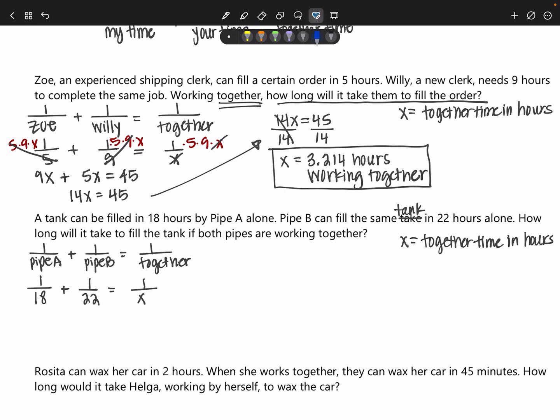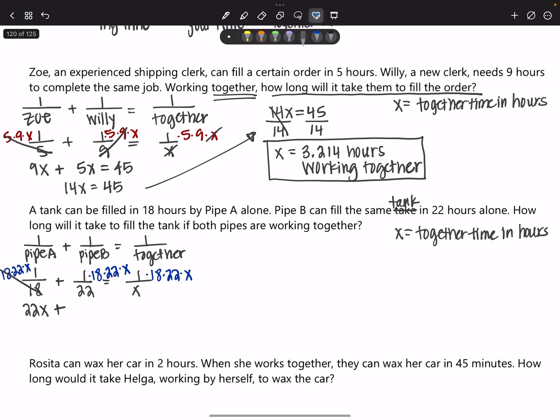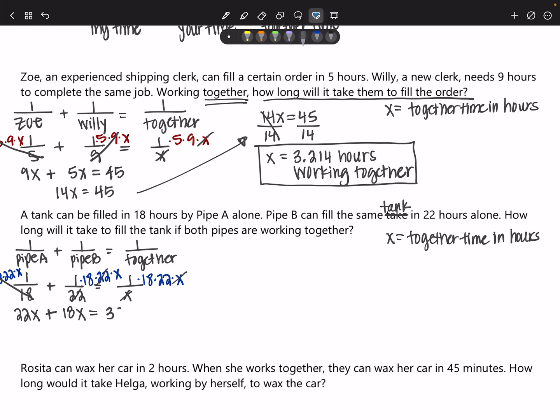We're going to multiply by 18 times 22 times X. Now, it's not the lowest common denominator, but because I'm using a calculator anyway, I'm not going to worry about getting the smallest number that everything goes into. So I've got 22X plus, the 22s go away, 18X is equal to, the X's cancel out, and I multiply 18 times 22 on my calculator and get 396.